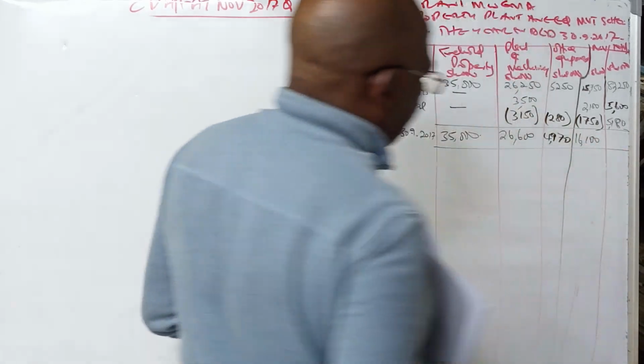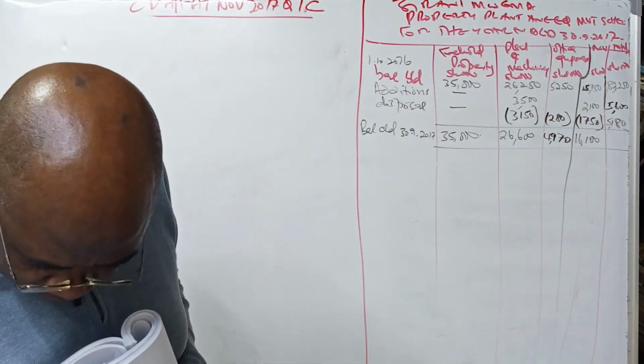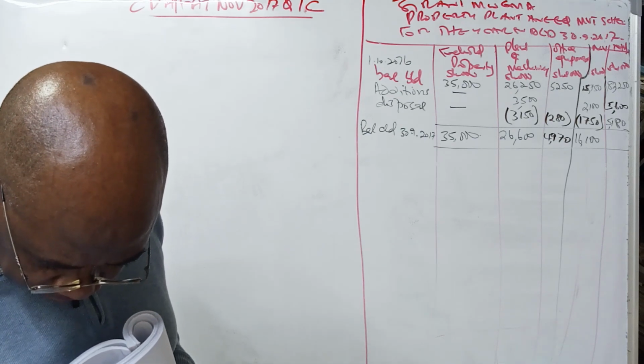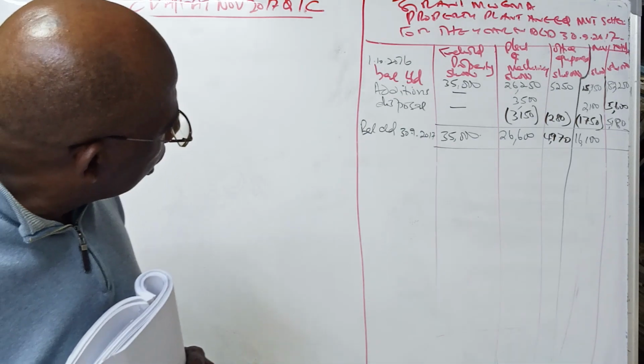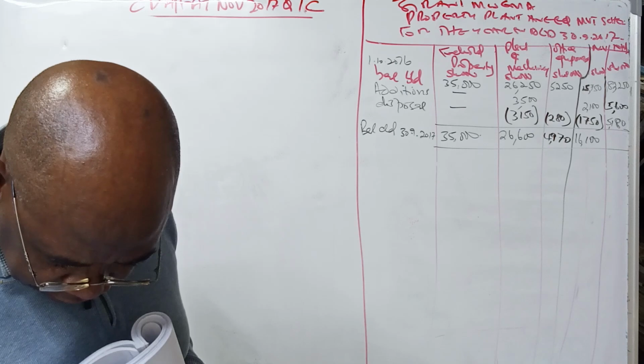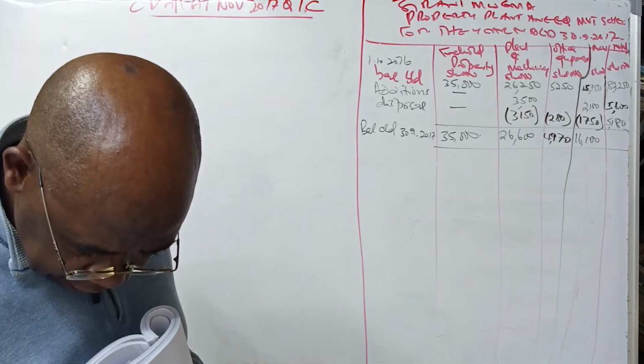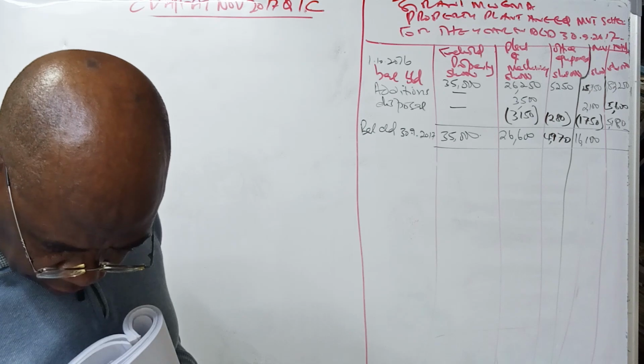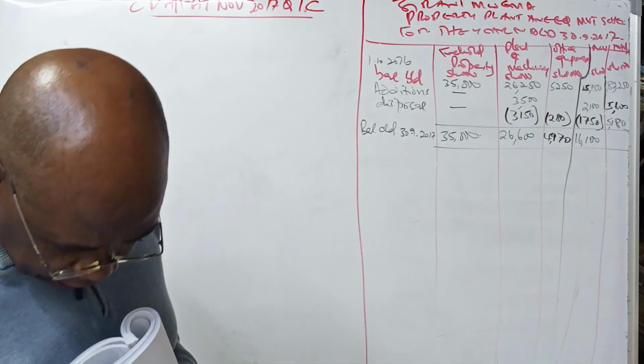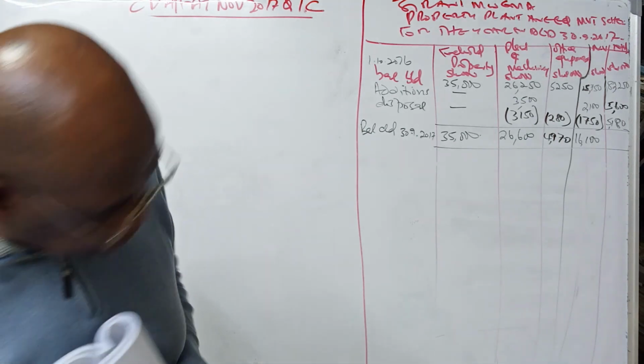Then you add all the balances: 16,100 plus 4,970 plus 29,600 plus 35,000, we get 85,670.